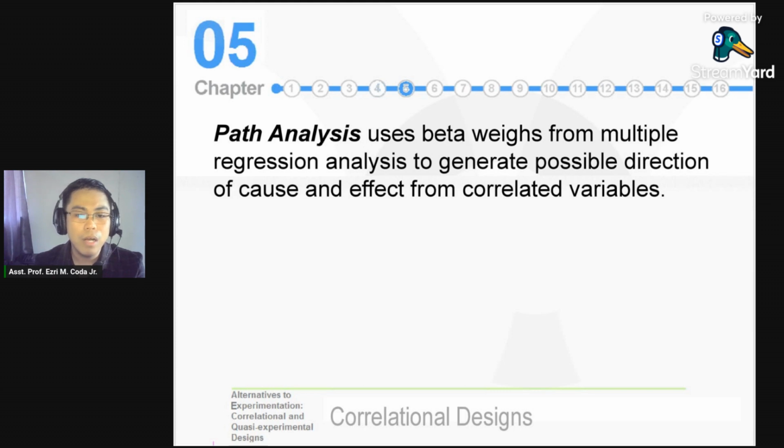So, ano ba yung path analysis? Or, anong research design ba, kailan or anong research design ba na aangkop yung ating path analysis? So path analysis and structural equation model, or yung kasama ng path analysis, tinatawag din siyang structural equation modeling, are techniques to assess the direct causal contribution of one variable to another in a non-experimental situation.